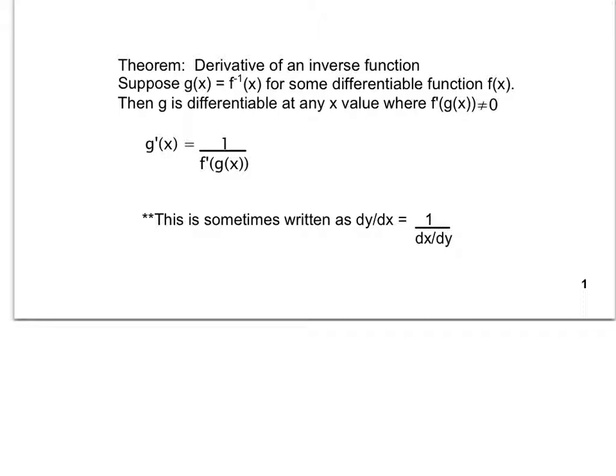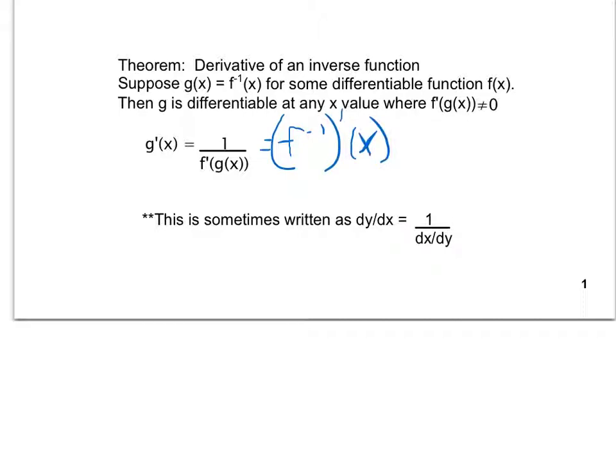So notice that I cannot do it if x is 0. That being said, my inverse's derivative is g prime of x equals 1 over f prime of g of x. Another way to see this written is to say, if g prime is the derivative of g and g is f inverse, then g prime is just f inverse prime of x.